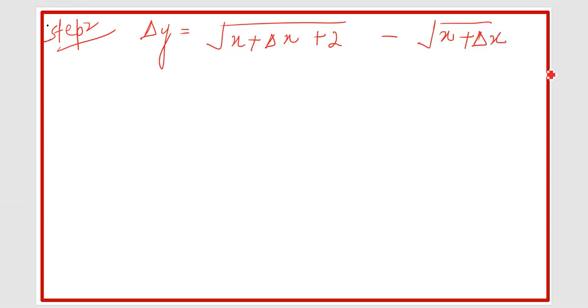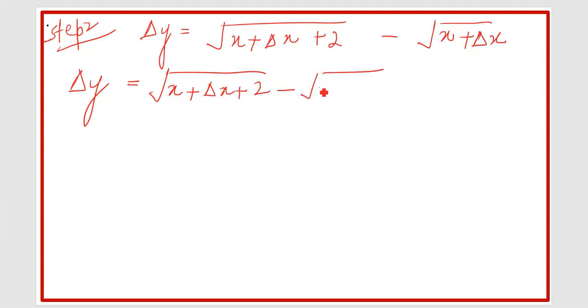Right? How will we solve this? We will rationalize, and we have learned how to rationalize this. Whatever you have in the numerator, square root of x plus delta x plus 2 minus square root of x plus delta x, in the denominator we do not have anything, it means 1.